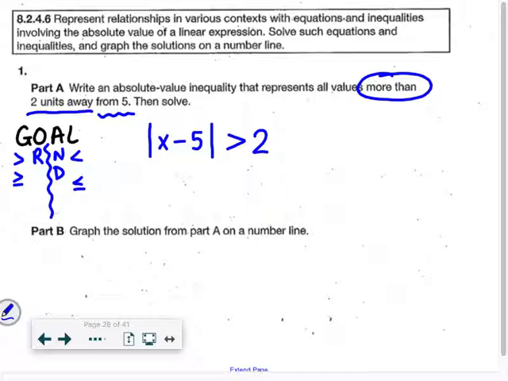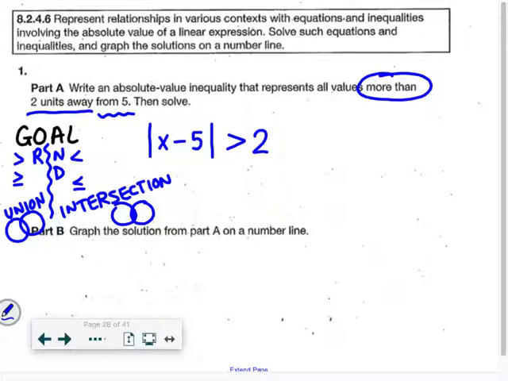So remember the word or is a union, so it's when you put together two sets and everything counts, and is an intersection, like when you have to be both of those things.